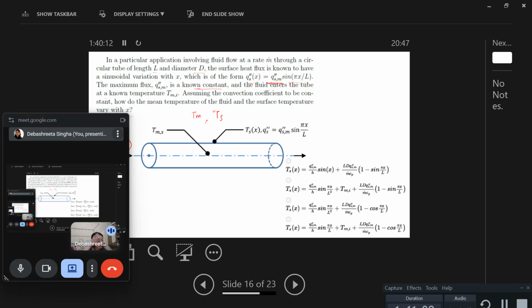This question was already discussed in the class, in the lecture notes, so we just revise it again. We know that dTm by dx is equal to Qs double dash times P, the perimeter, divided by m dot Cp.